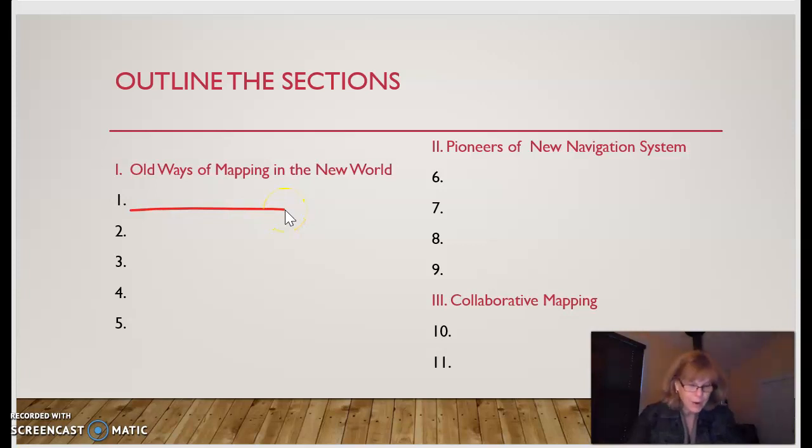And when I look at paragraph 1, I see that they're introducing me to one of the oldest maps in the world. And this is a map that was found in 1929, but it was made in 1513 by Perry Reese.